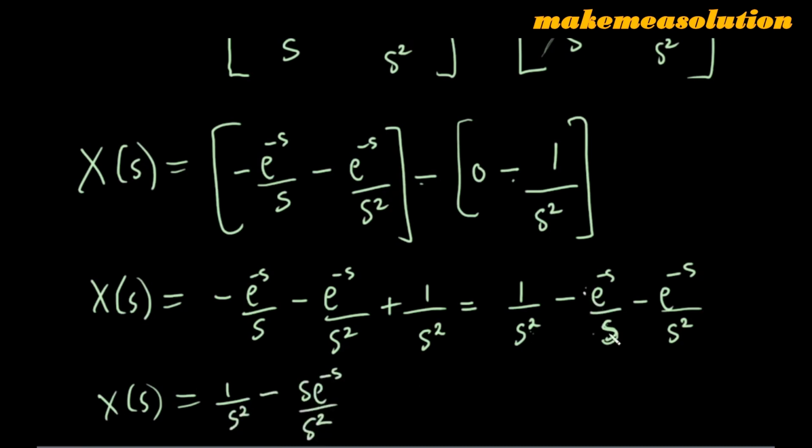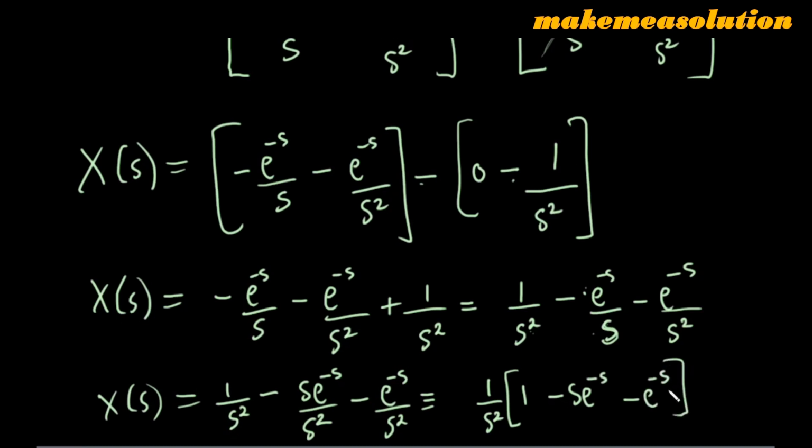You multiply here and here by s square, and you now have minus exponential minus s over s square, and this will simplify to 1 over s square. In bracket you have 1, then minus s exponential minus s, then minus exponential minus s again. So we can actually simplify this further.